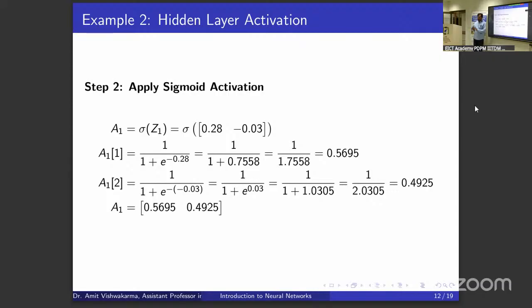Is it possible to have...? No, it is a vector, but the dimension is 2. Because our network architecture is like that, we are getting 2 by 2.